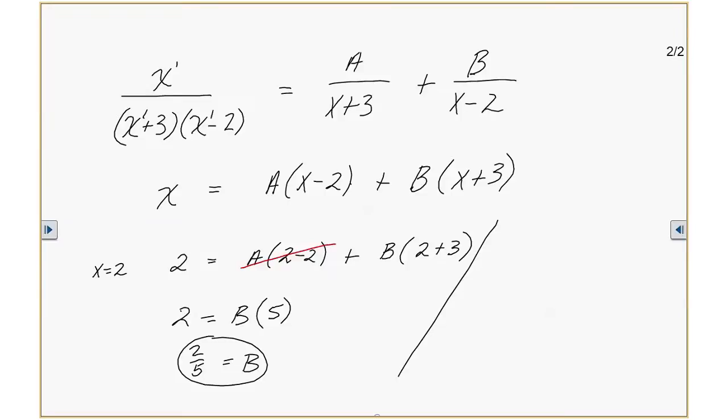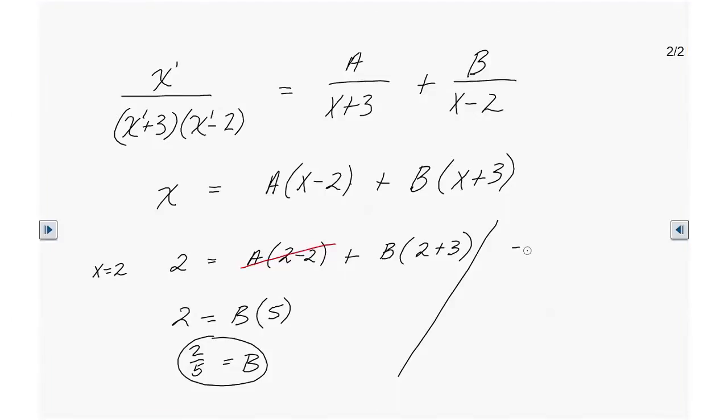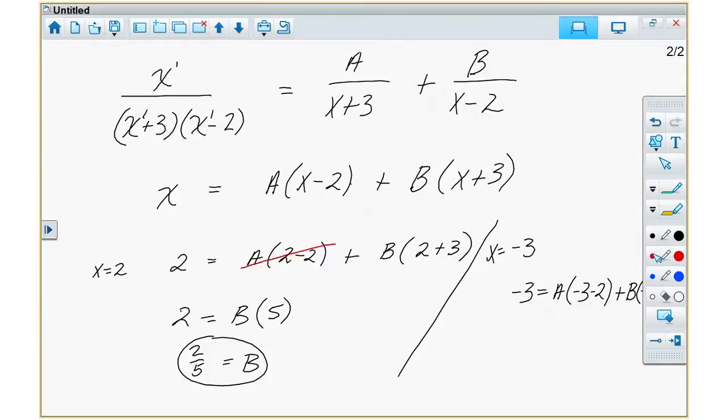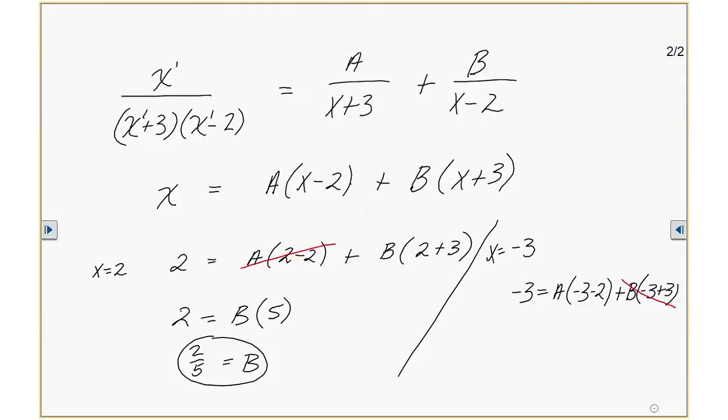What will give you a 0 here? So minus 3, and that'll give us minus 3 is equal to A times minus 3 minus 2 plus B times minus 3 plus 3. That goes out.